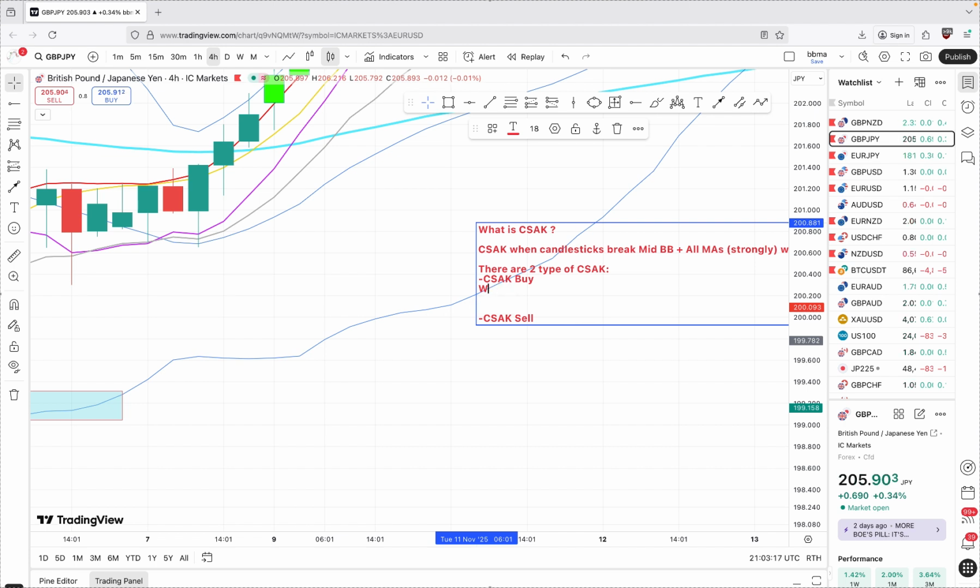When a candlestick breaks mid BB plus MA510 high, it forms CSAK buy, meaning the candle is shifting from bearish to bullish.